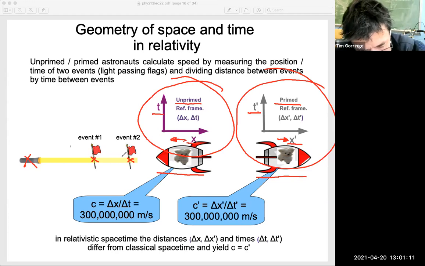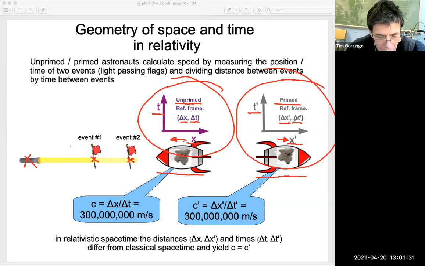In the unprimed reference frame, we measure a distance delta x between passing the two flags and a time delta t. In the prime reference frame, that observer measures a distance delta x prime and a time interval delta t prime.